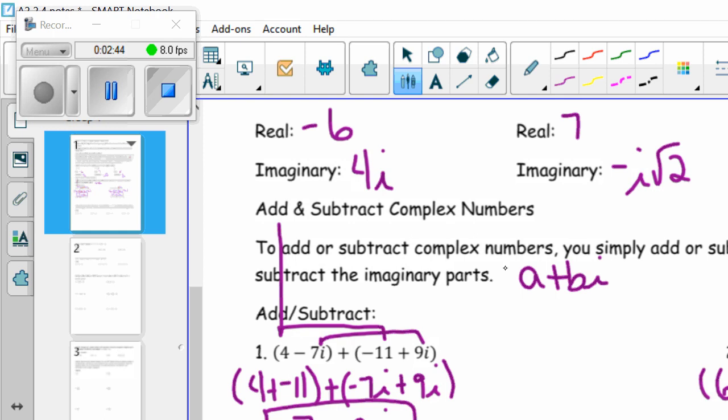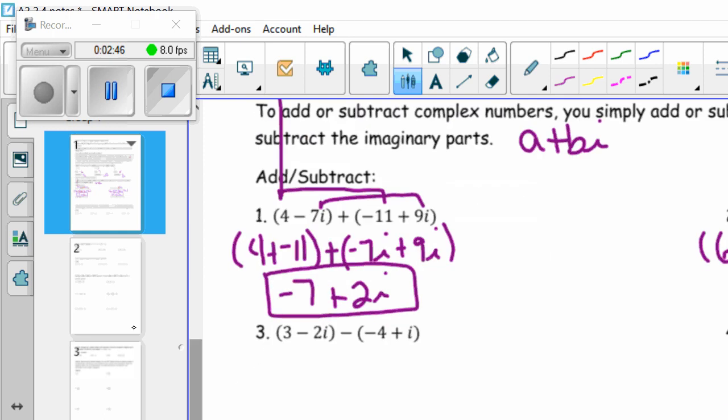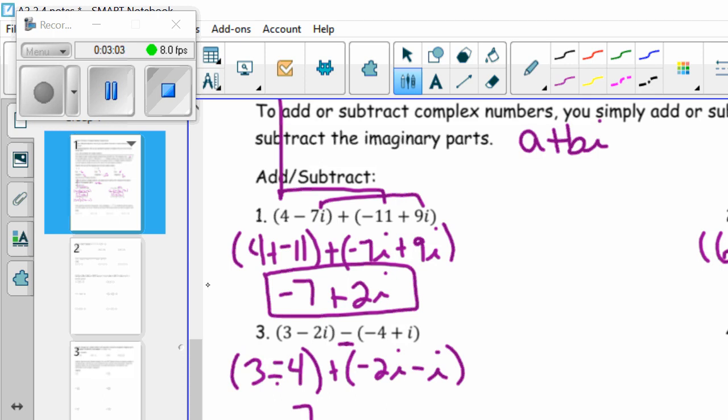There's my answer. Number 3, again, I'm going to have 3 minus -4 plus -2i minus i. That subtraction is what I put in my parentheses. 3 minus -4 turns to 3 plus 4, which is 7. -2i minus i turns to minus 3i, so 7 minus 3i is our answer.